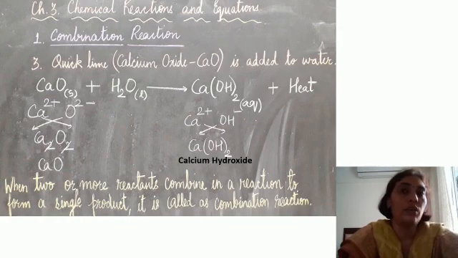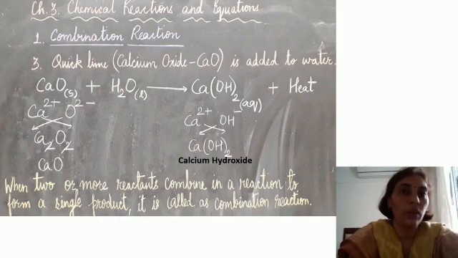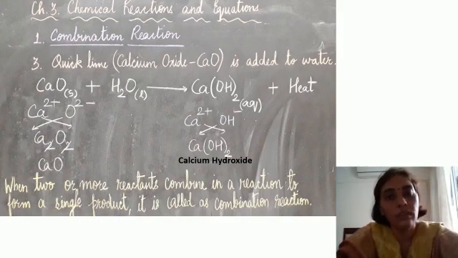The test that we do for detecting the presence of carbon dioxide gas is passing it through lime water, that is calcium hydroxide. If it turns milky, it indicates that the gas is CO2, because when calcium hydroxide reacts with carbon dioxide, it forms calcium carbonate, which is insoluble.